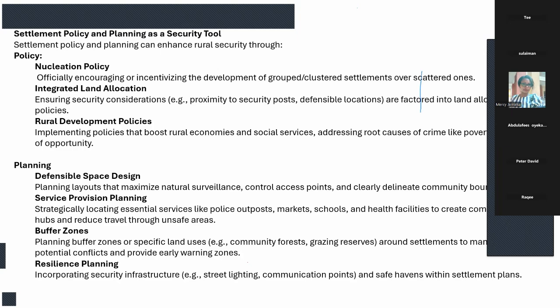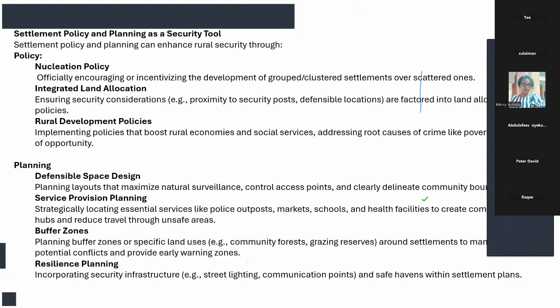We have many rural development policies that the government can use to encourage clustering, for example subsidized farm machinery and the rest, to encourage people to live together in a particular place for easy accessibility.